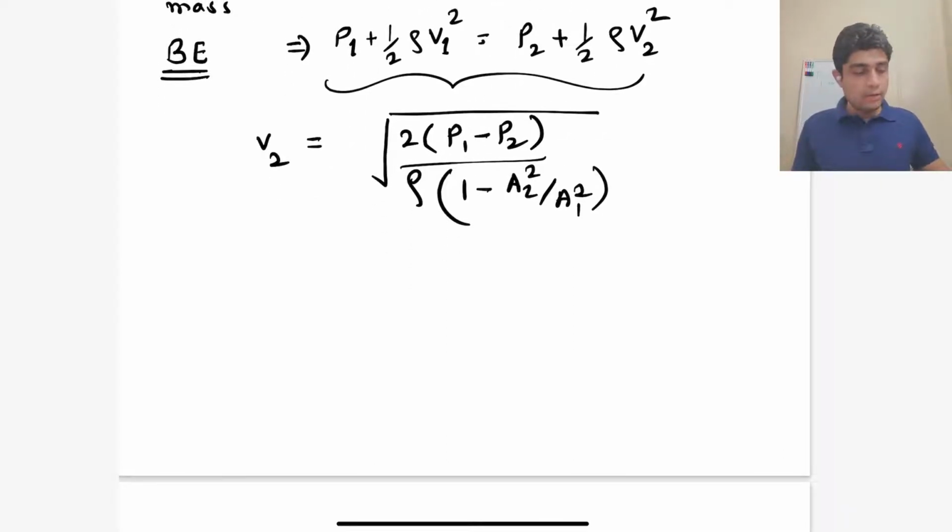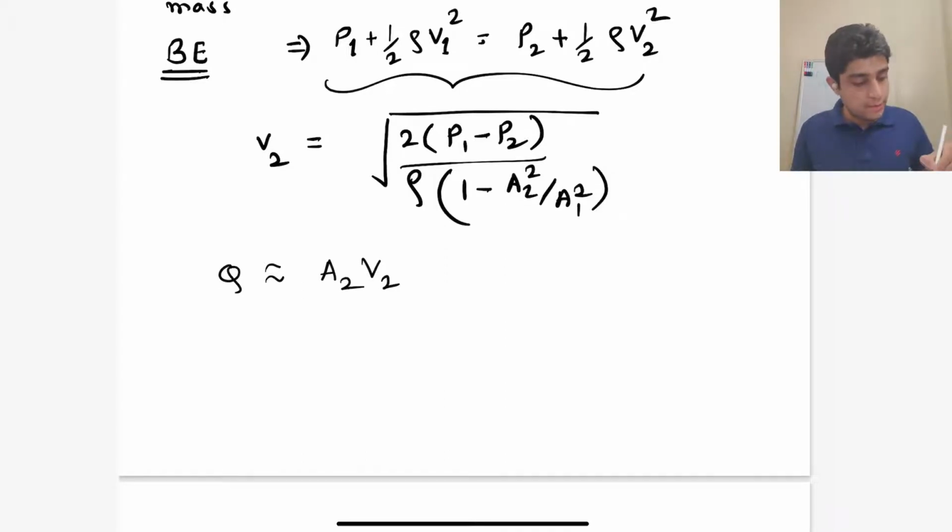So now that we know the velocity at point 2, we can find the flow rate simply by multiplying it with the area. So the flow rate is basically A2 times V2, and this is an approximate flow rate because we are using the Bernoulli equation, and we have used many assumptions like inviscid flow, which are not exactly true.